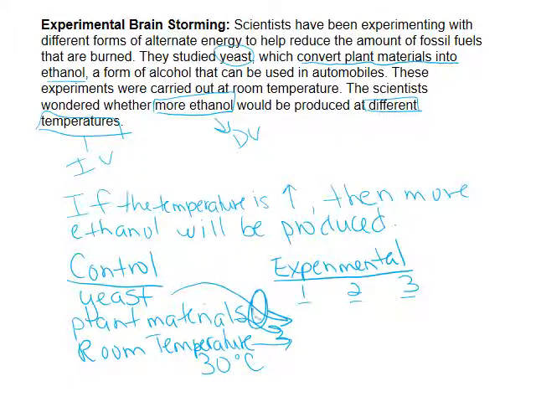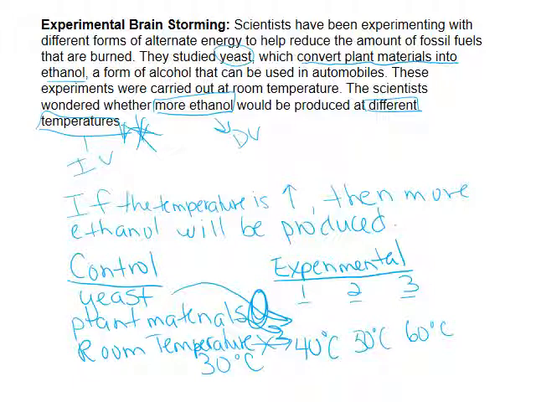So this is going to be constant. Now the thing that I'm going to change, this is not going to be constant, is the temperature. And why is that? Because it says it right there in the reading. So since I decided to do 3 experimental groups, I'm just going to steadily increase the temperature. So 40 degrees Celsius in group 2, I'm going to do maybe 50 degrees Celsius. Group 3, 60 degrees Celsius.